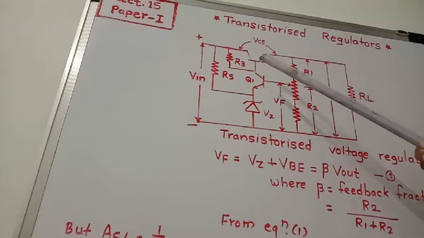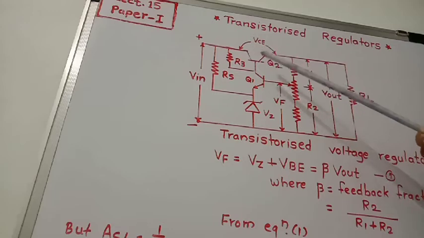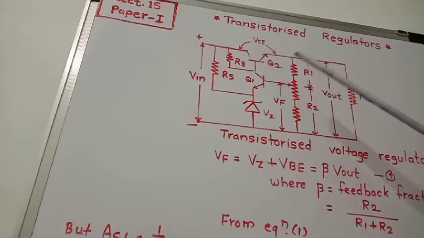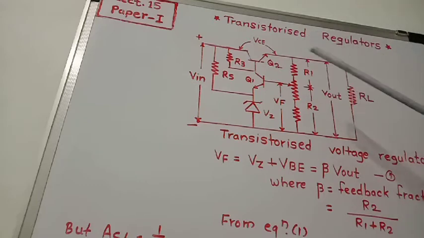So this transistor Q2 is always a power transistor, and a heat sink is required for this transistor to remove the excess heat, because large power is dissipated in transistor Q2.